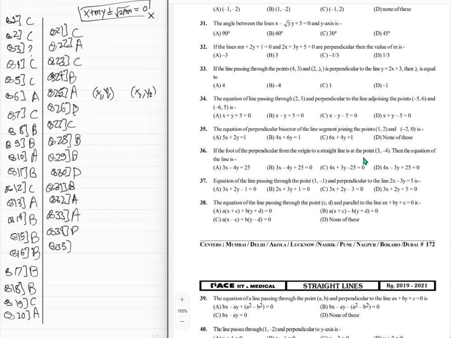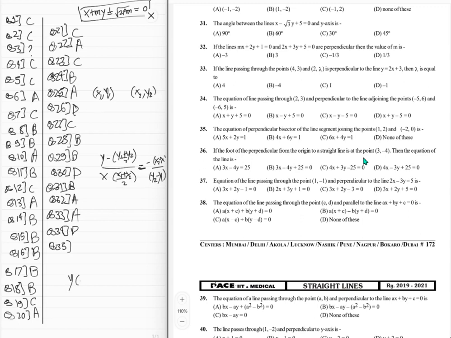So this midpoint, that will just be y minus y1 plus y2 upon 2, upon x minus x1 plus x2 upon 2. This should be equal to negative 1 upon that slope, so negative x2 minus x1 upon y2 minus y1. Wow, it's getting very messy.